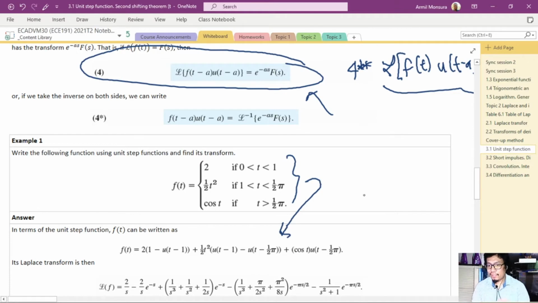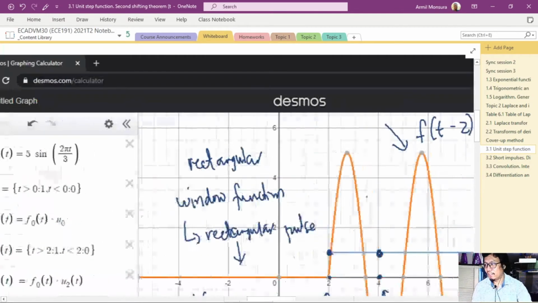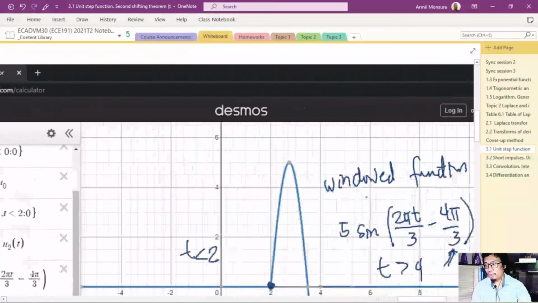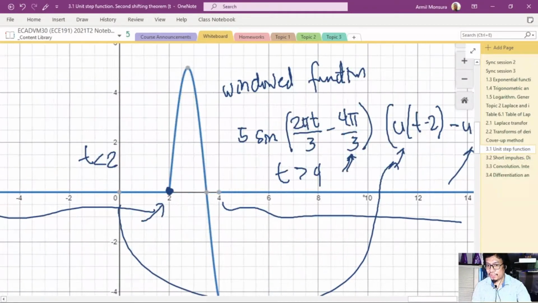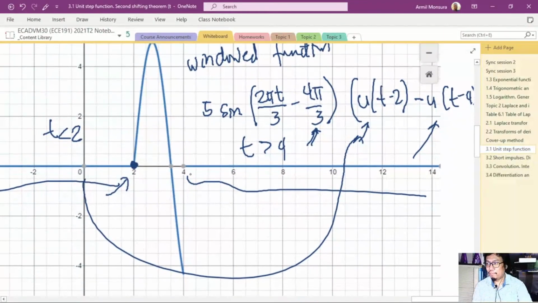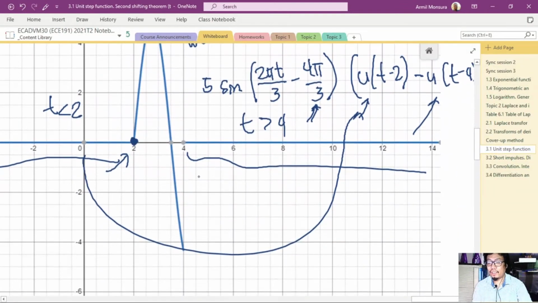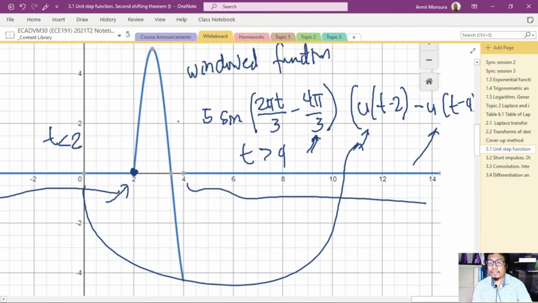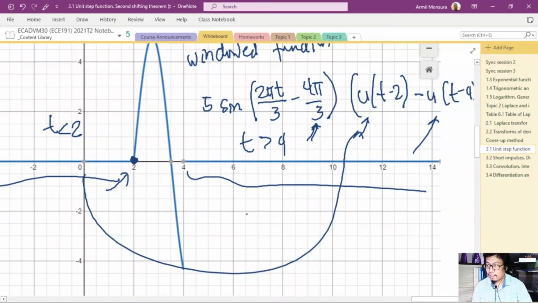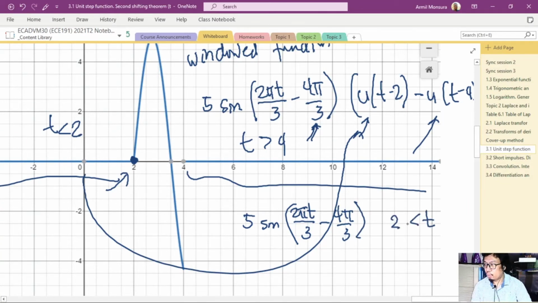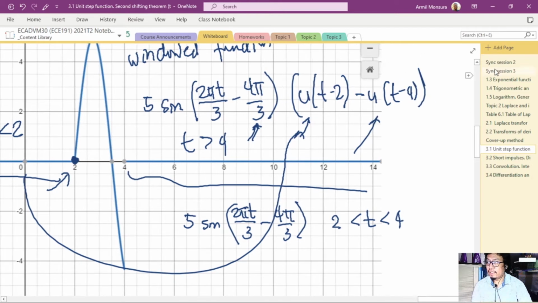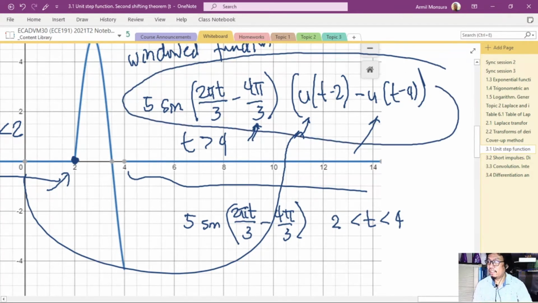Remember this one. You should be able to remember this because we just discussed this earlier. Remember that for me to produce this windowed function, this 5 sine of 2 pi t over 3 minus 4 pi t, defined between 2 and 4, I did this.